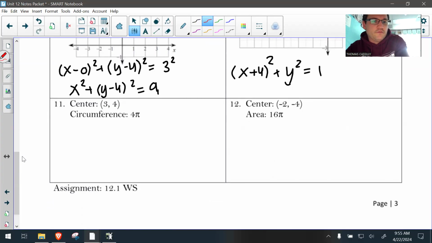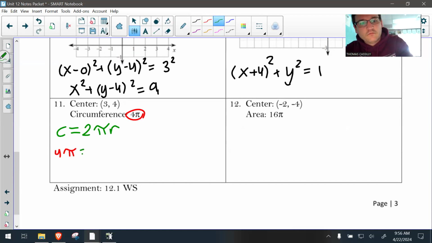All right. The circumference of this circle is 4 pi. The center is 3, 4. We know the circumference. C equals 2 pi r. All right. So let's plug it in. The circumference is 4 pi, so we can say 4 pi equals 2 pi r. So divide both sides by 2 pi. Pi's cancel out. You're just left with 4 divided by 2, which gives you 2. Right? So the radius is 2.